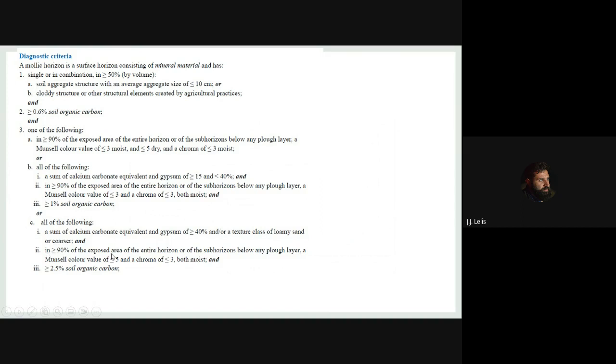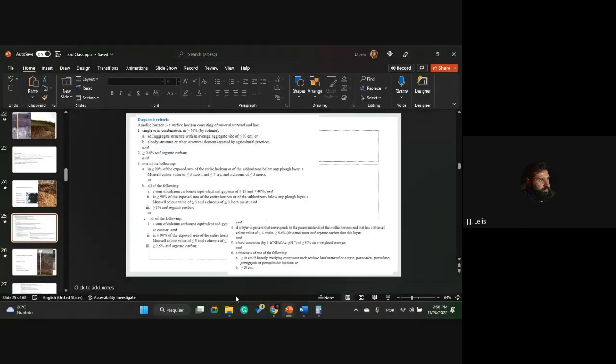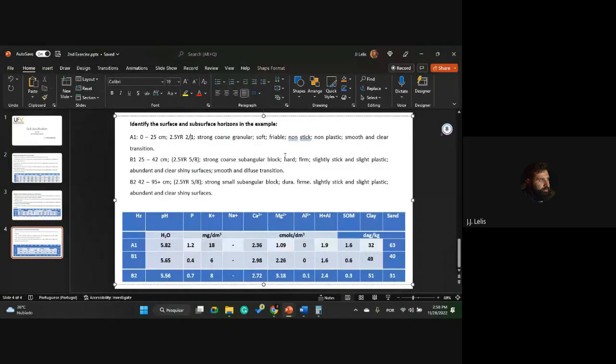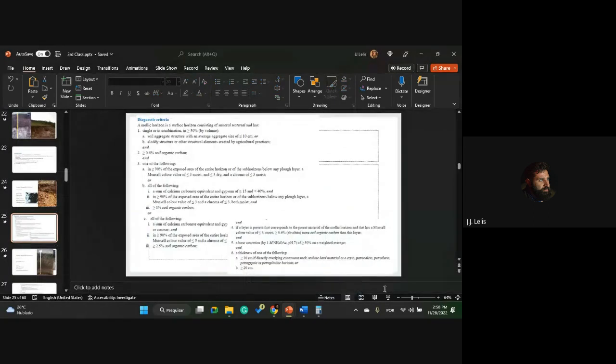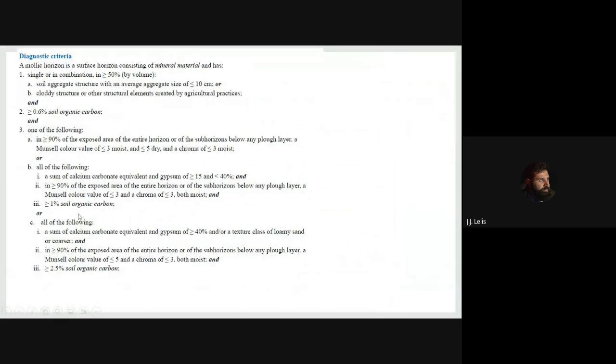We should possess one of these characteristics if we have calcium carbonate in the soil, and we don't have any kind of material that suggests contribution of calcium carbonate, so we don't need to follow this criteria, like the letter C, because it's this option or this option or this option.